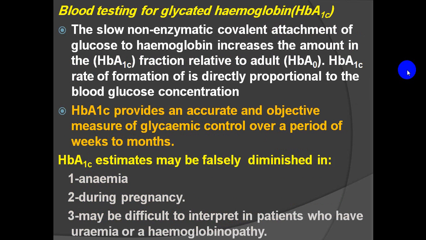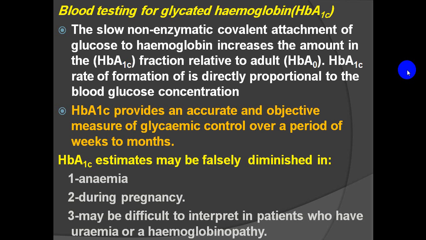This glycated hemoglobin usually results from non-enzymatic covalent attachment of glucose to hemoglobin. And the amount, or the percentage, of such hemoglobin A1C is proportional to the degree of hyperglycemia.